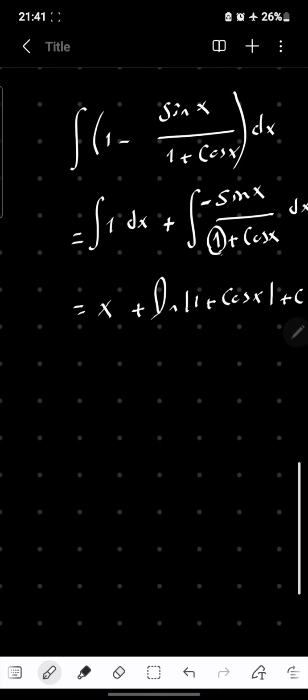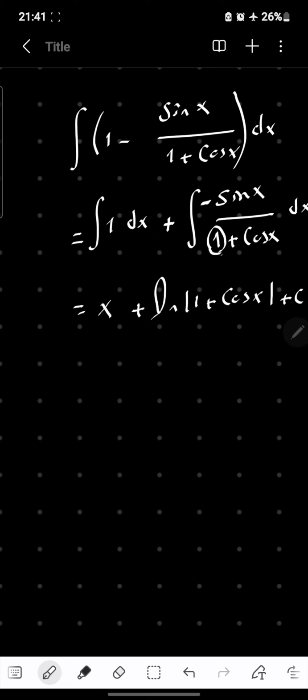We have other rules. You can check the other rules of antiderivatives, which are the derivatives of sine, cosine, sec, cosec, and sec square. All these rules already exist in the slides of our lectures.